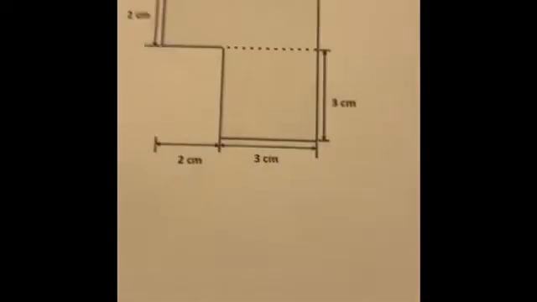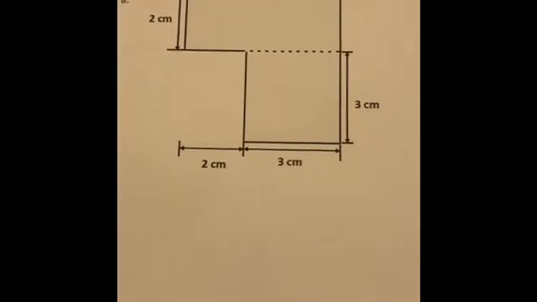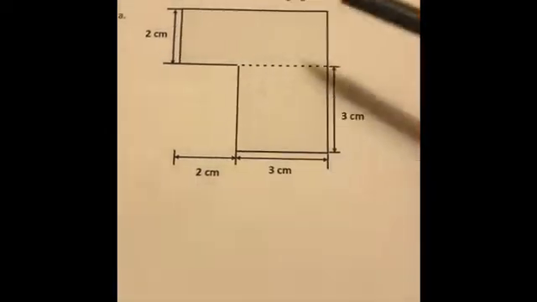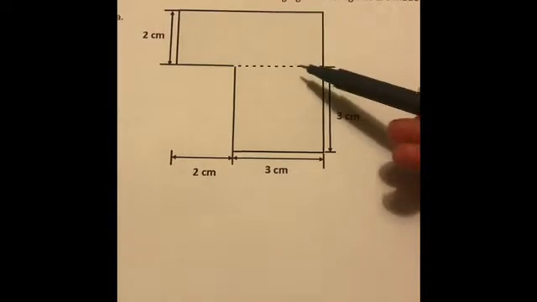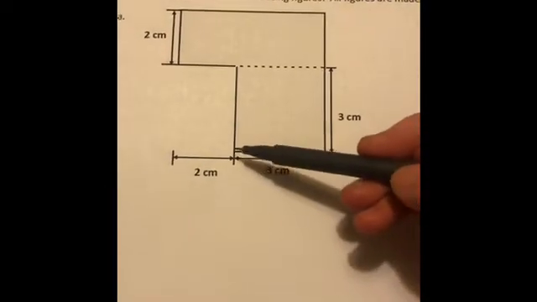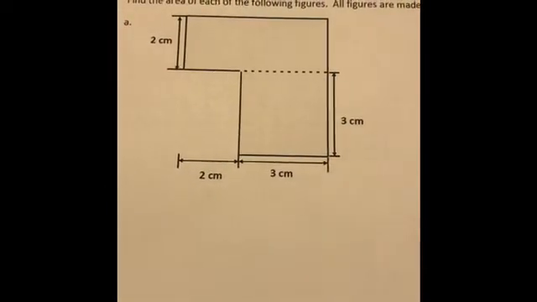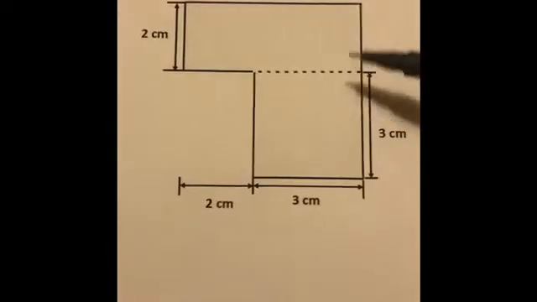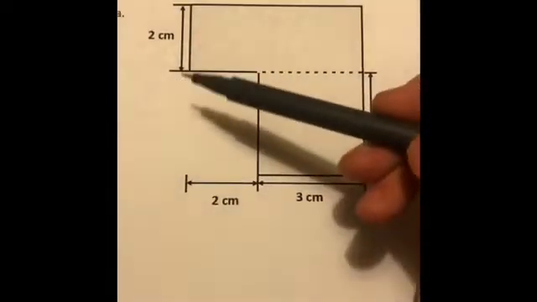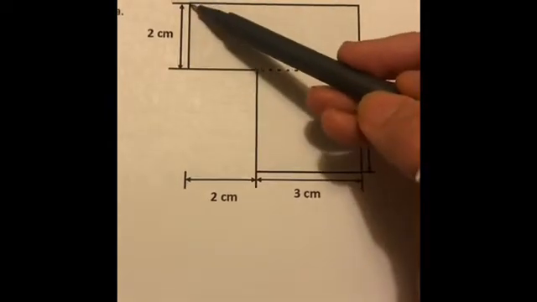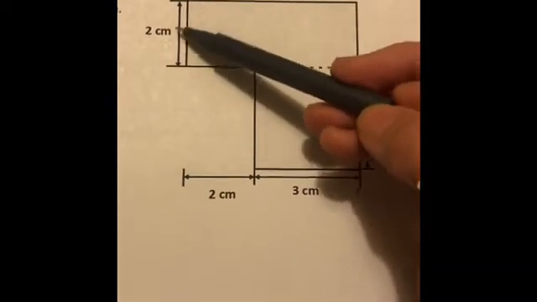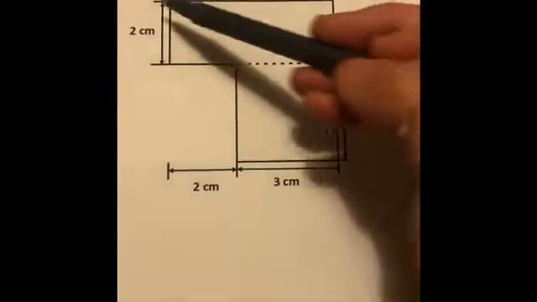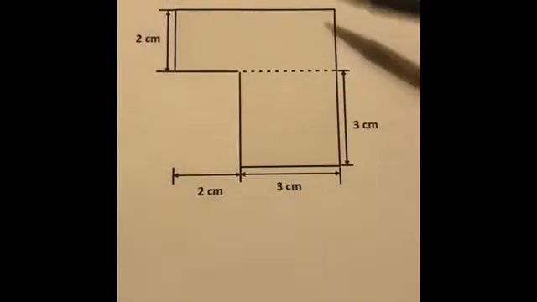So third graders, I see that this irregular shape looks like a square and a rectangle joined together. I notice that in this square, the length and the width are both 3 centimeters. I notice in this rectangle that I know only the width as 2 centimeters. They have not told me what this measurement is.